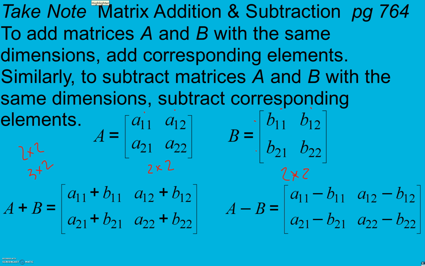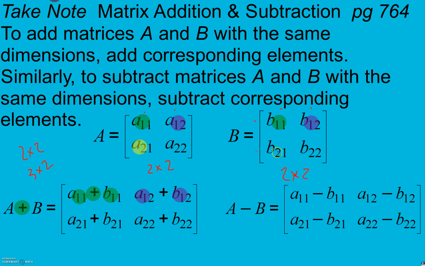Okay, we are going to either add or subtract corresponding elements. What that means is our first element, so here we have A sub 1, 1 and B sub 1, 1. When we're adding, we can take those two and add them. Sub 1, 2, add them.